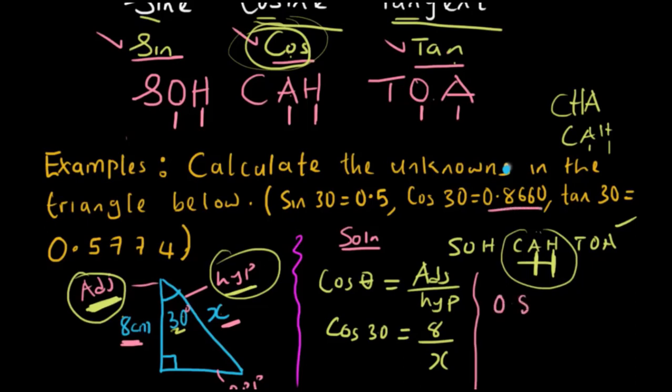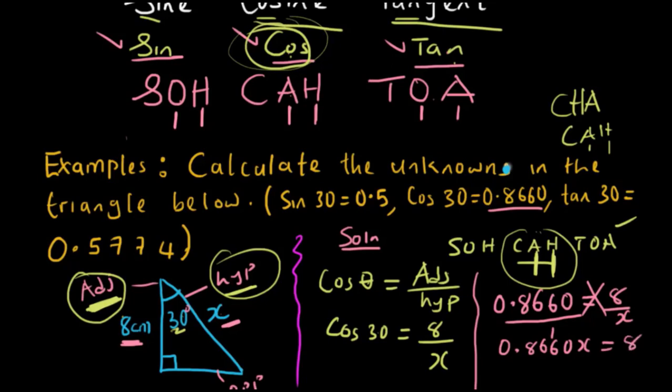So we have 0.8660 equals 8 over x. Now when we have one fraction on either side of the equal sign, we cross multiply. So 0.8660 times x gives 0.8660x, equals 8 times 1, which is 8.